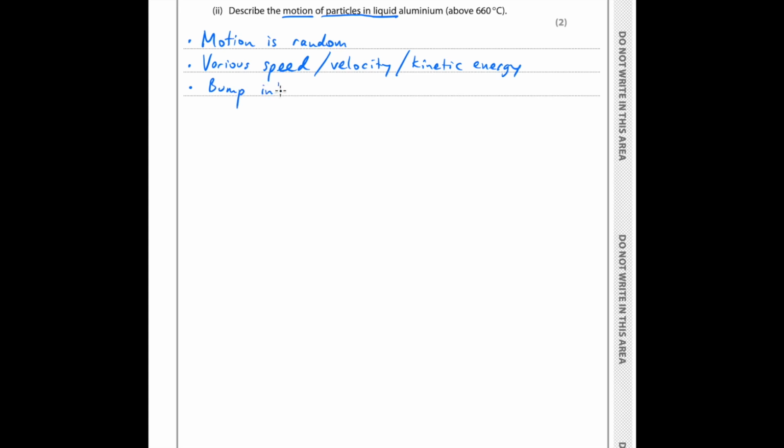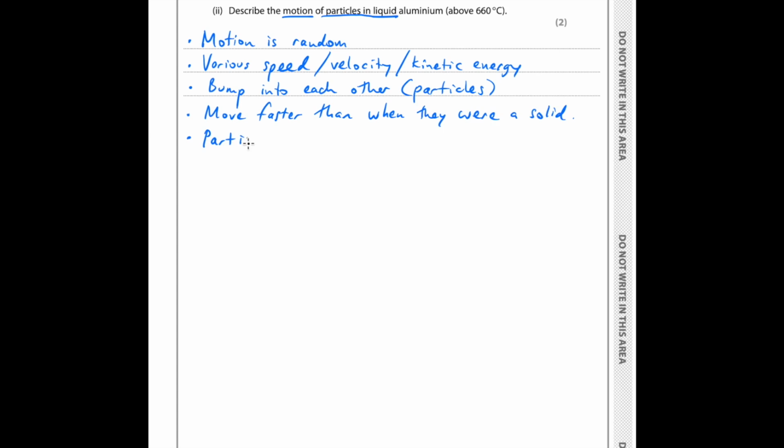They'd be bumping into each other. That's the particles. And they'd move faster than they did when they were a solid. You could even see the particles slide over each other. Any two of that.